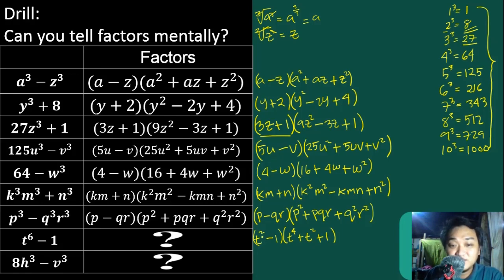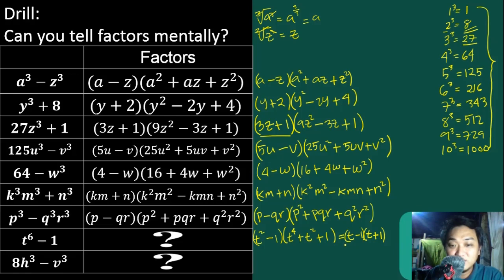Kasi you have here t squared minus 1. And for all we know, this t squared minus 1 is still factorable using the difference of two squares. So that is also equivalent to t minus 1 times t plus 1 times the quantity.